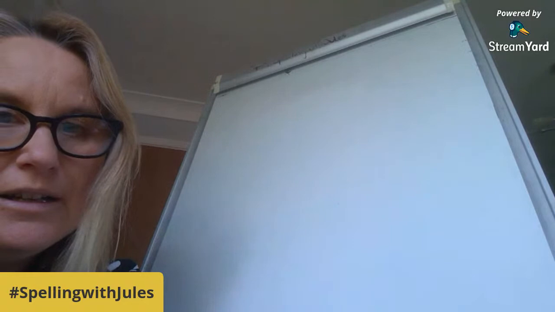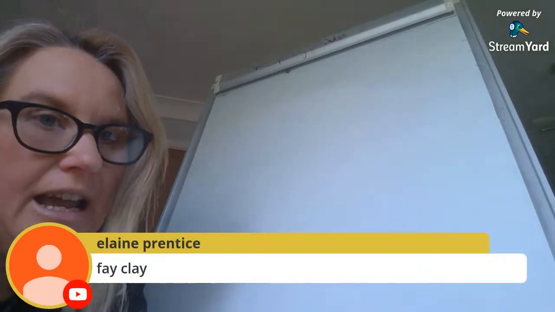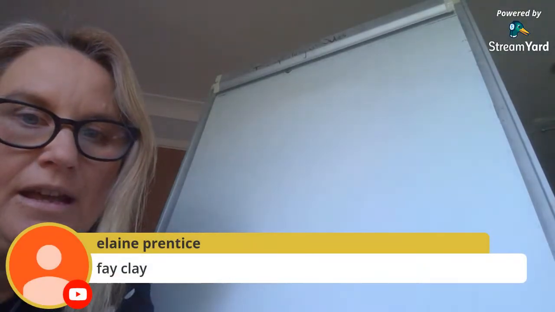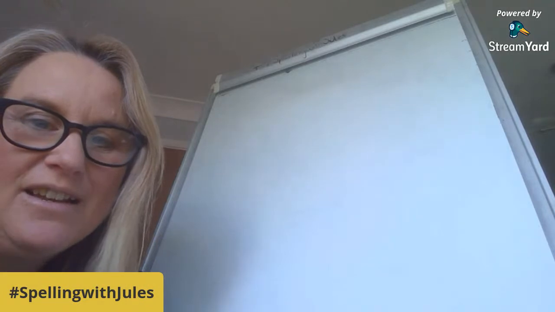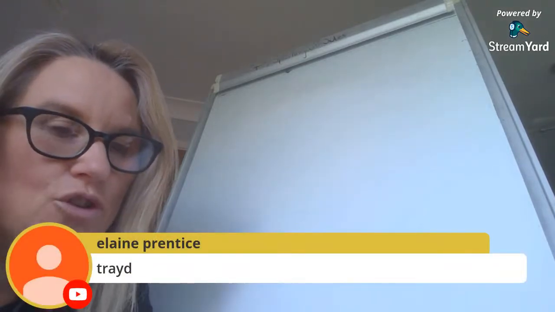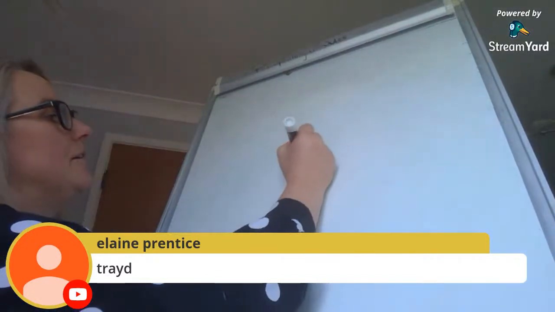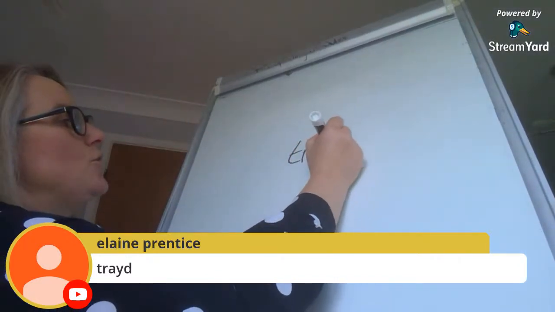Okay, so let's have a look. We've got a few more here. Faye and Clay. Yeah, good one. And I went down to the bay to go shopping for some ice cream. Lovely. And then Florrie here, you've got tray, which is excellent. And then just remember, so that's your root word.